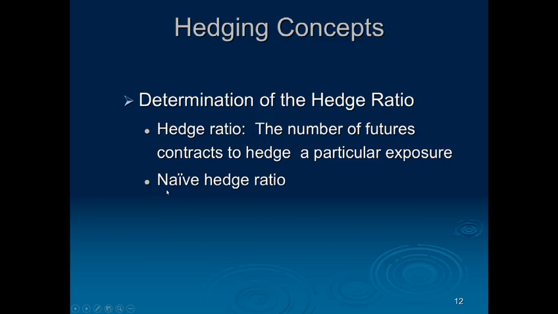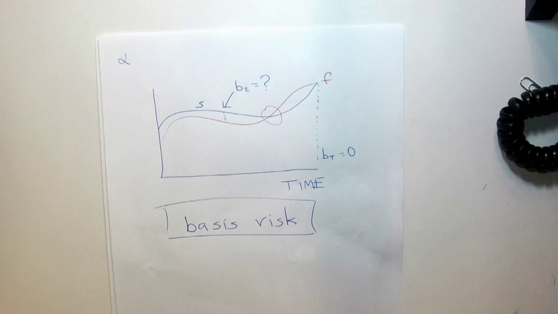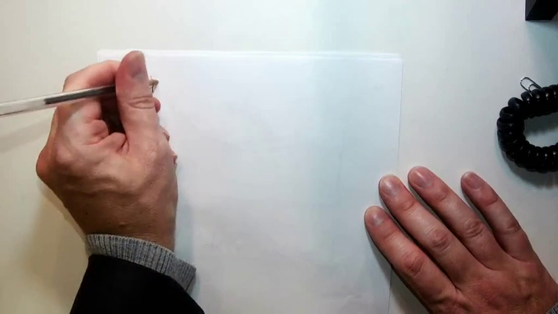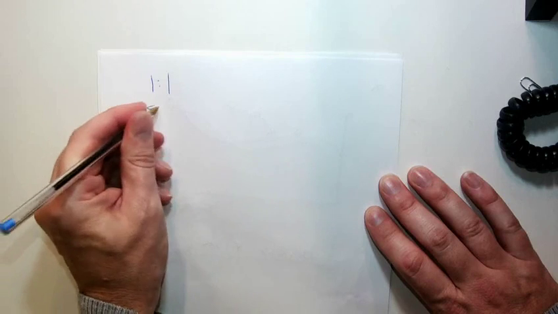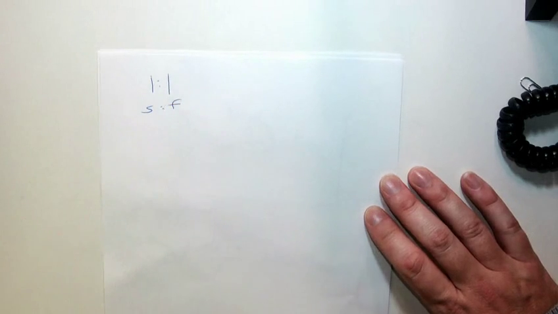It basically means ignorant, simple, right? A simple, ignorant, to a certain extent, hedge ratio. Why do we say it's a little bit ignorant? Well, the naive hedge implies that there is a one-to-one relationship between the spot and the future.